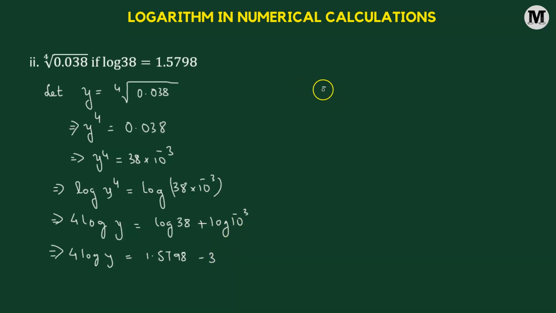This is now going to give us 4 times log of y equals 1.5798 minus 3, which will be -1.4202. Now we will divide both sides by 4 such that we get log of y equals -0.35505. Now in order to find y, we would have to take the anti-logarithm of -0.35505.